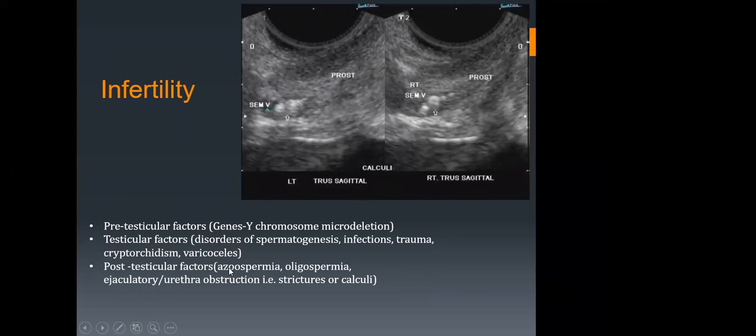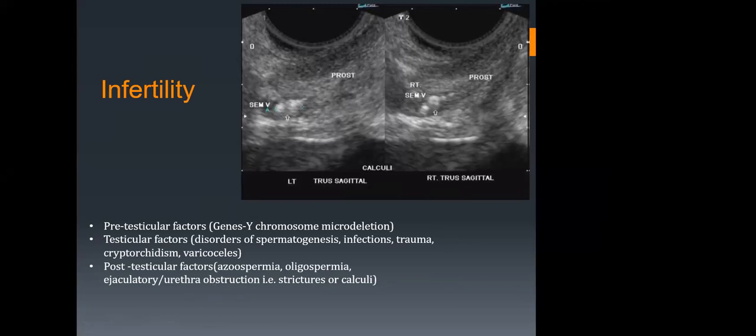Now, this is where ultrasound of the prostate comes in. When you have azoospermia, you have almost no sperms in the semen. What is happening? Here the role of prostate ultrasound is that you have obstruction of the urethra, and depending on the level where this obstruction is, we can only assess it by doing the prostate.